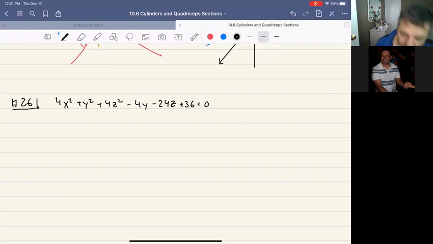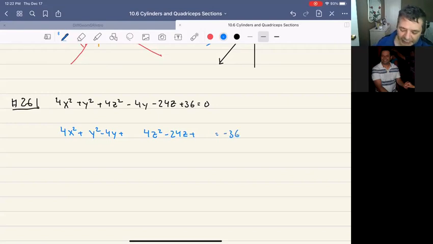Okay, so 4x squared, there's no other x terms, plus y squared minus 4y. I'm going to put a plus with some space because I'm going to be completing the square. 4z squared minus 24z, leave a little bit of space with a plus, equals, I'm going to put that 36 on the other side.